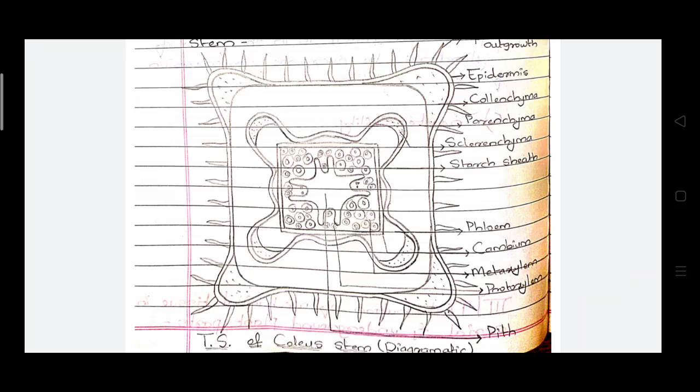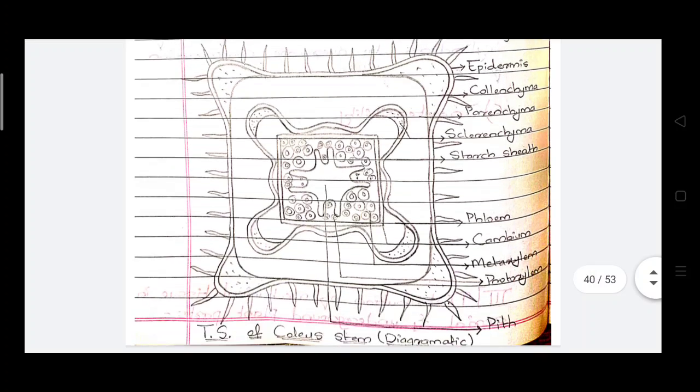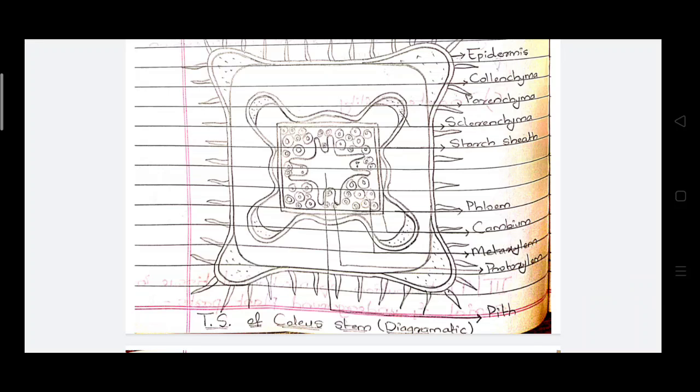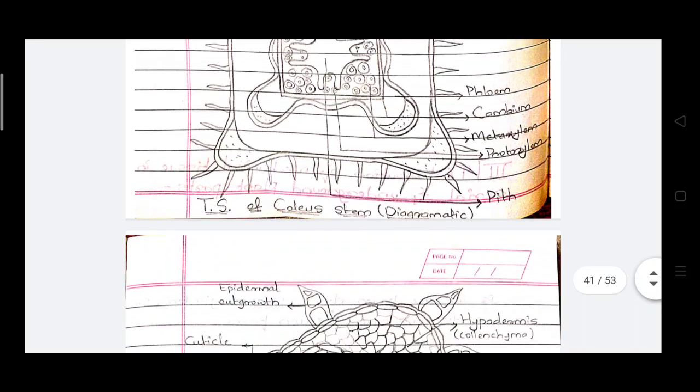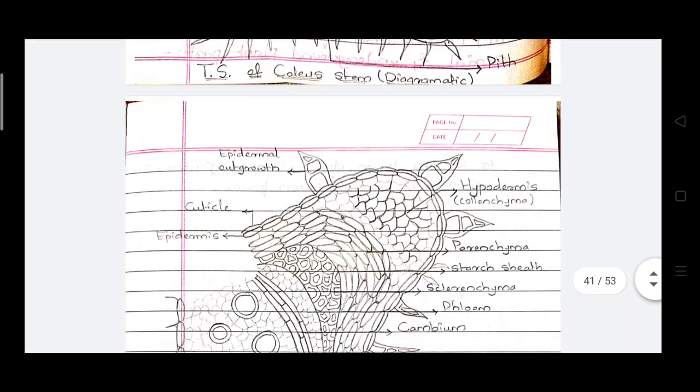The protoxylem is towards the central part and the metaxylem towards the outer side, and at the center there is the pith region. So this is the diagrammatic representation of the TS of the coleus stem.